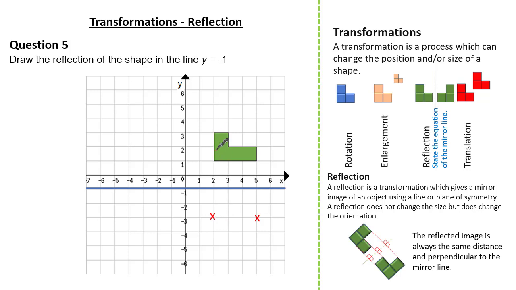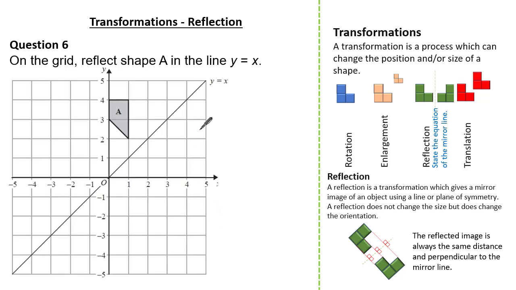Here you can see we are 4 squares away perpendicular from our mirror line, so we're 4 squares away. Here you can see this vertex is 4 squares away perpendicular from our mirror line, so it's 4 squares away. This vertex is 3 squares away perpendicular from our mirror line, so it's 3 squares away. And finally, you'll see this vertex is also 3 squares away perpendicular from our mirror line, so we have our completed reflected image. So let's look at a slightly harder question.